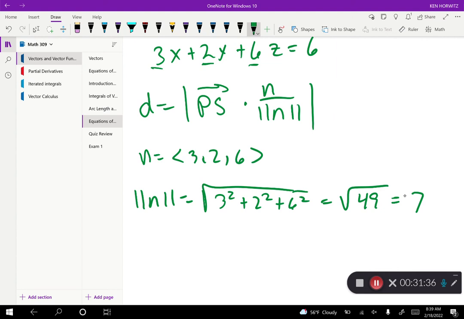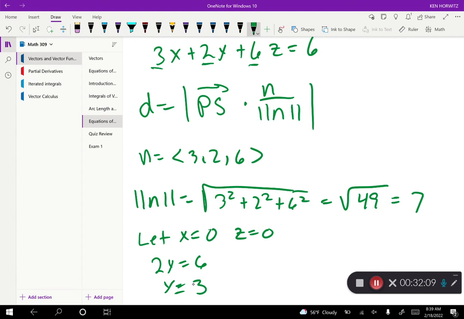All right. Hopefully you paused the video to think about it. So let's say I wanted to get, let's say, the Y-intercept of this particular plane. I would let X equals 0 and Z equals 0 and solve for Y. So that would wind up being 2y equals 6, y equals 3.